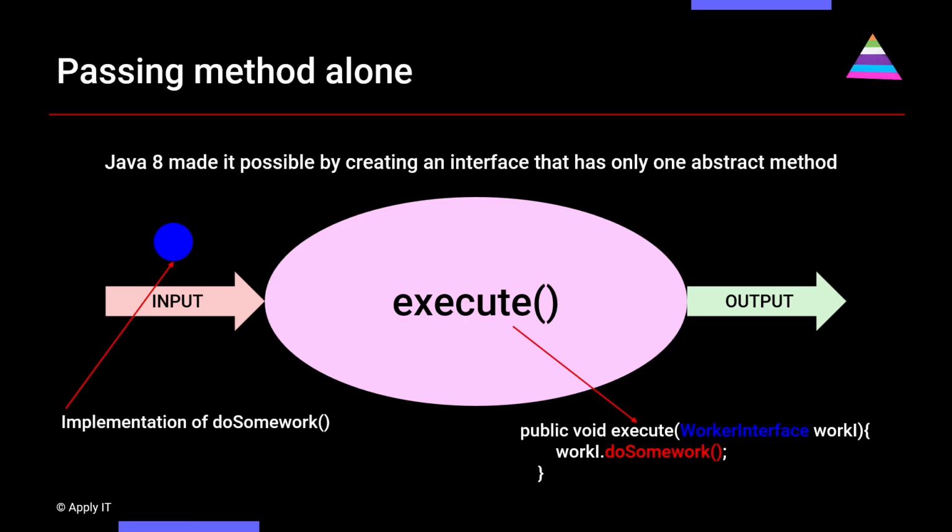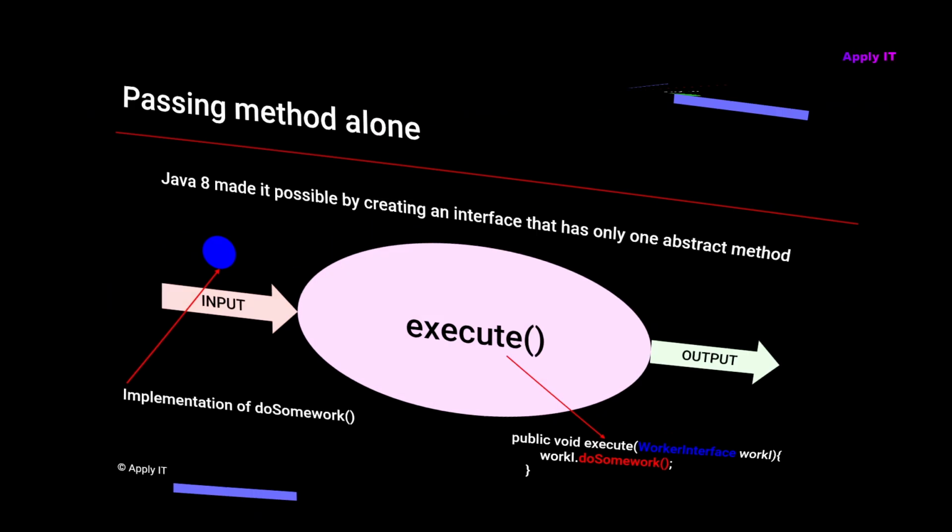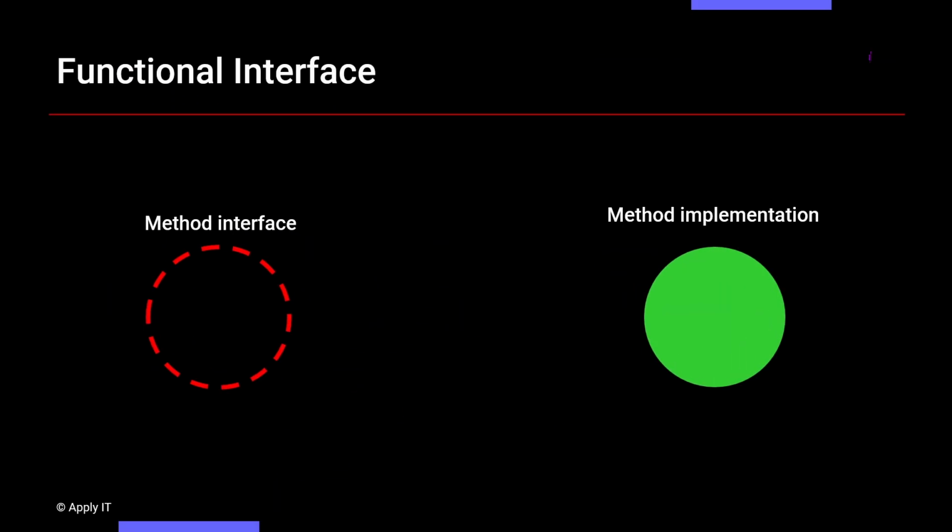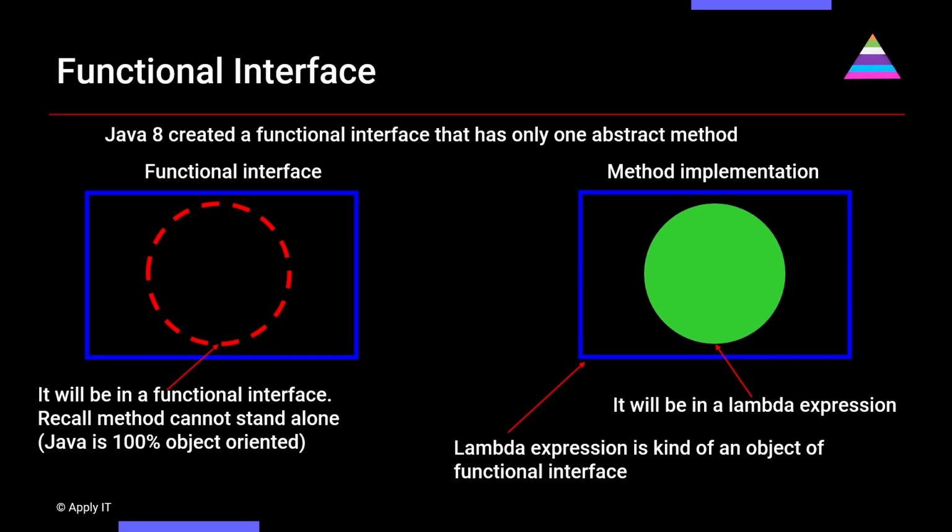Java 8 made it possible by creating an interface that has only one abstract method. So here we understand separating the method interface and the method implementation. I have represented the method interface as this dotted circle and the method implementation as this filled circle in green color. Because Java is 100% object oriented, we can't have a standalone function. If you want to have a function, it has to be inside some class. If it is an abstract method, it has to be inside some interface.